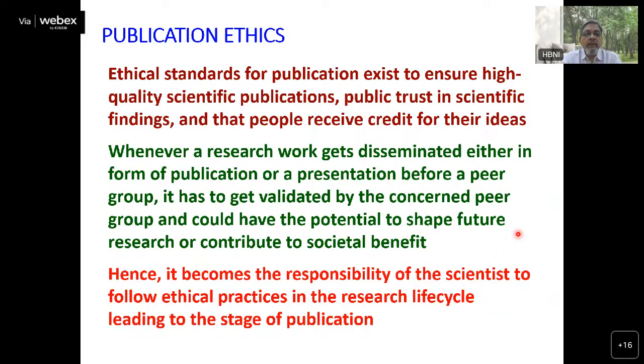It will then have the potential to shape future research or contribute to society. Therefore, it becomes the responsibility of the scientist to follow ethical practices in the research life cycle leading to the stage of publication. I would like to stop here because the time is over now.